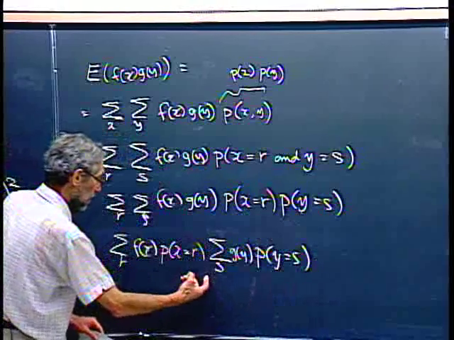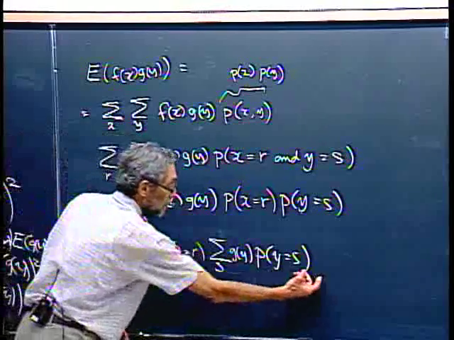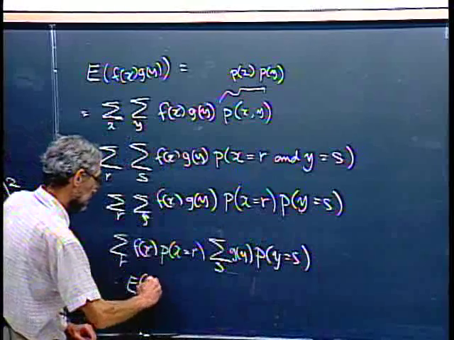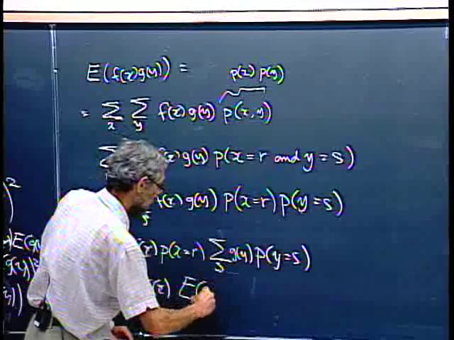So the sum is really just that constant times this, right, because I factored this out. So this is the expectation of f of x, and this one is the expectation of g of y.